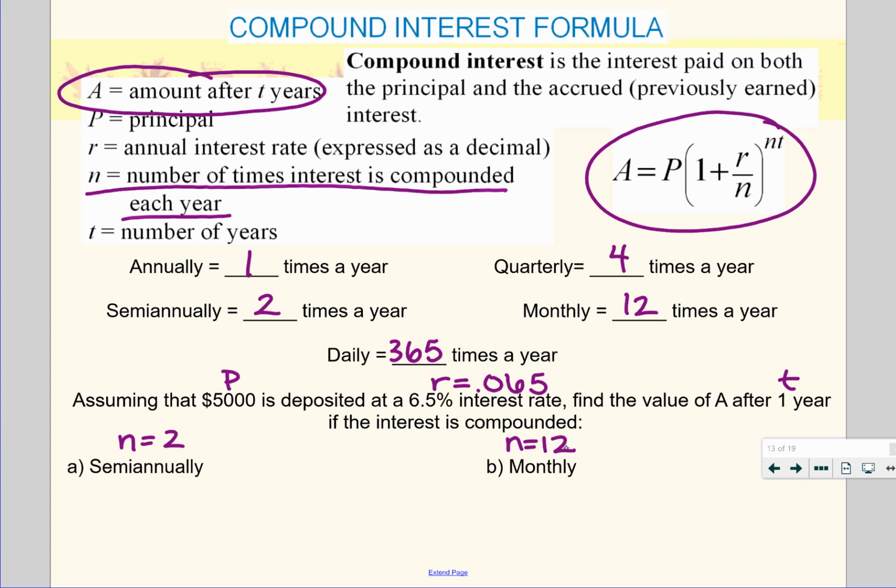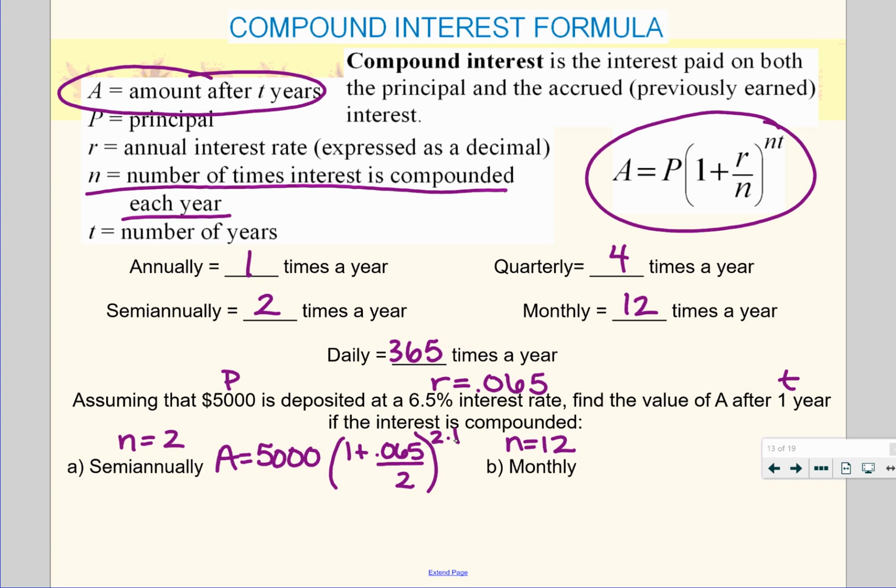All right, so let's look at semi-annually. Let's plug it in the formula. A equals my P, 5,000, times 1 plus my interest rate, 0.065, over my N, which is 2, and then in my exponent, 2 times 1, where 1 is the number of years. And then you just type it in your calculator, and on your graphing calculators, you guys can do this all in one step.